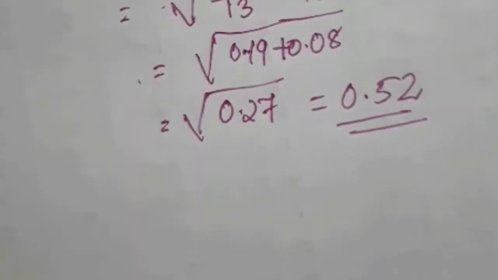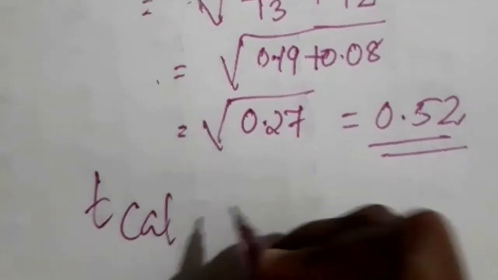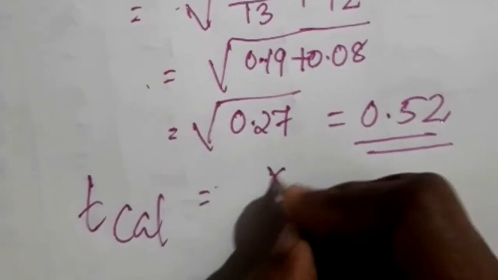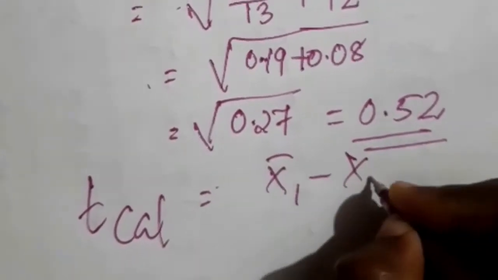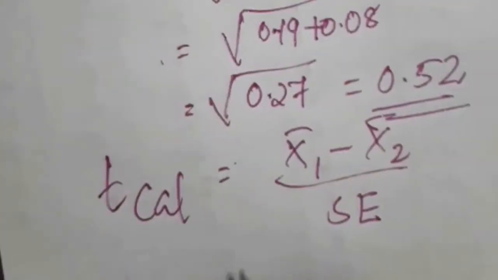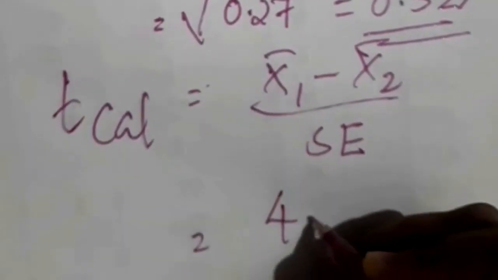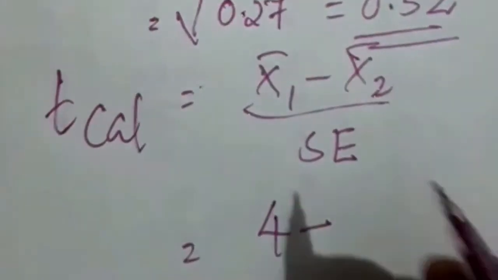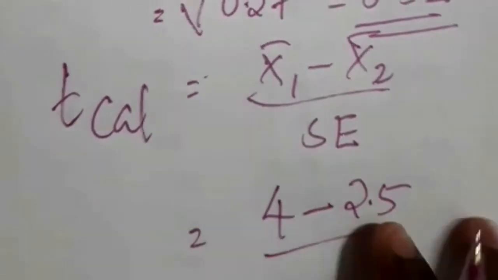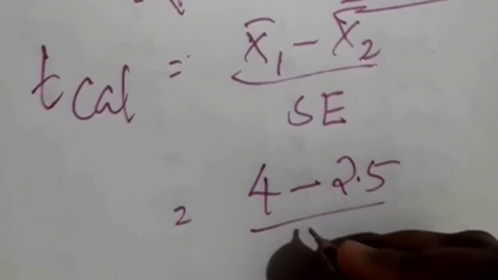Now we can substitute these values in the T calculated value formula, that is x1 bar minus x2 bar divided by SE. So here x1 bar is 4 minus x2 bar is 2.5, divided by the standard error we just calculated, that is 0.52.